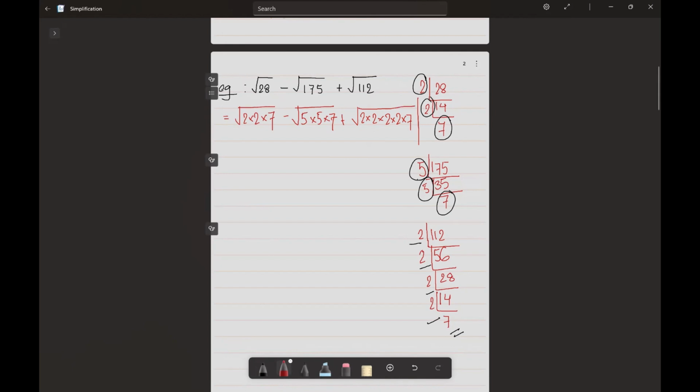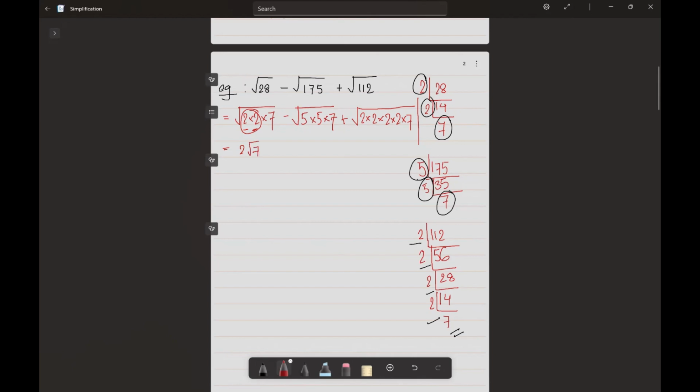So now from the shortcut that we have learned, we know that for every 2 numbers, 1 number will come outside of the root. So we have 2 2's in here, right? For every 1 pair of numbers, that number will come outside, and then 7 stays inside the root.